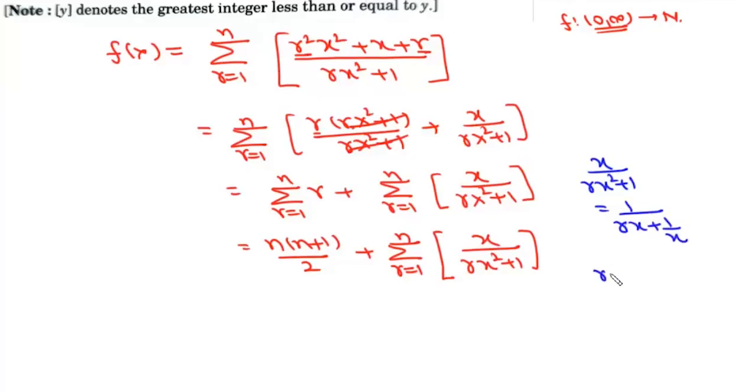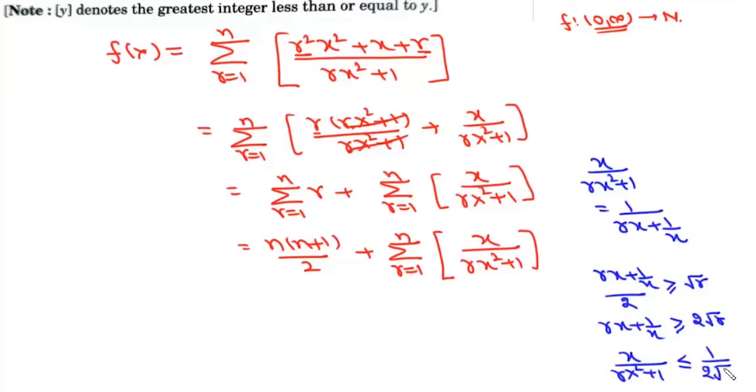If we take AM-GM, then (r x plus 1 by x) by 2 is greater than or equal to under root r, or (r x plus 1 by x) is always greater than or equal to 2 root r. Now if we take its reciprocal, then x upon r x square plus 1 will always be less than or equal to 1 upon 2 root r. That means it is always less than or equal to 1 by 2.